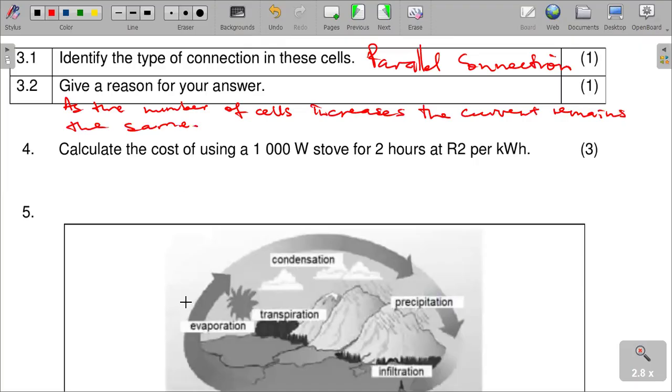Number 4: calculate the cost of using a 1,000 watt stove for 2 hours. How do we calculate that?